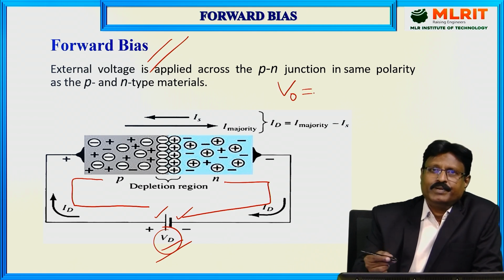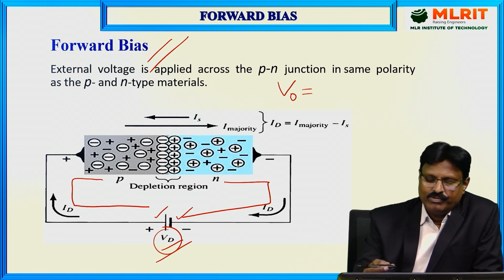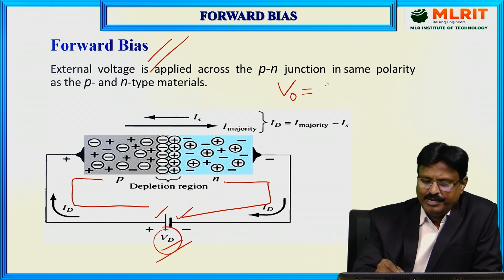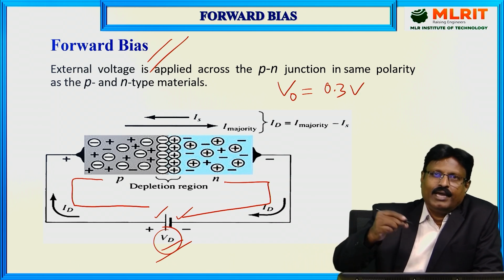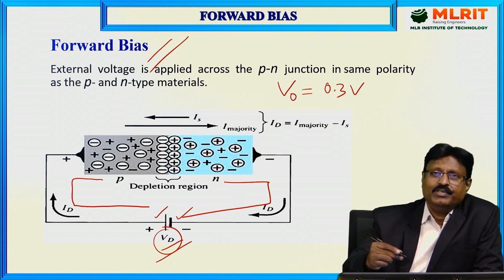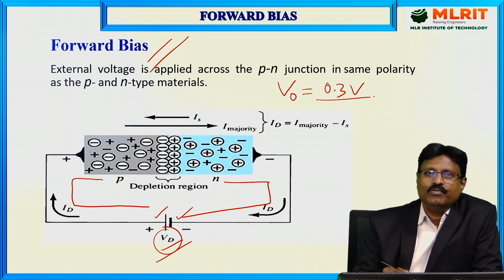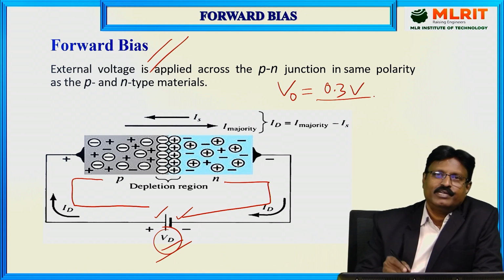If it is germanium, it will be 0.3 volts. That means a potential barrier with a height of 0.3 volts is created inside the device under zero bias. Assume that is the initial condition before going into forward bias operation.